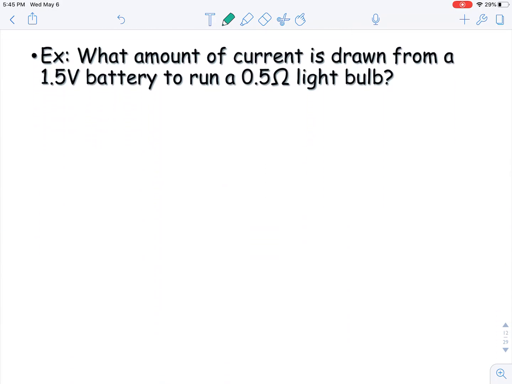So let's try a math question. How much current is drawn from a 1.5 volt battery in order to run a 0.5 ohm light bulb? Here, it's helpful to have your units memorized. So I know volts measure voltage, and ohms, if I remember correctly, measure resistance. They're asking us to find current.